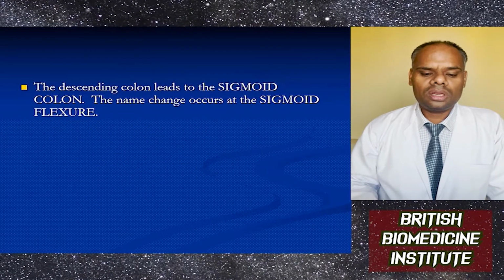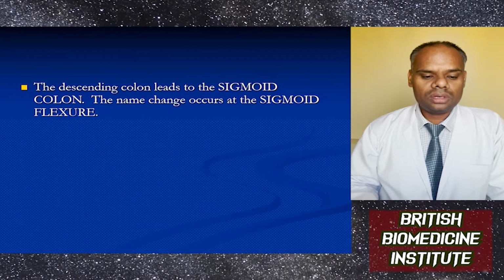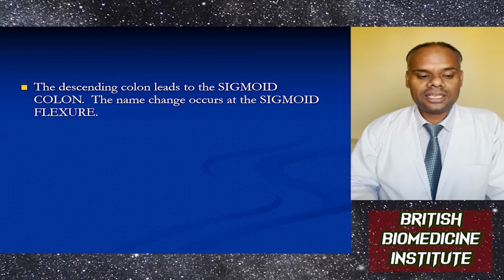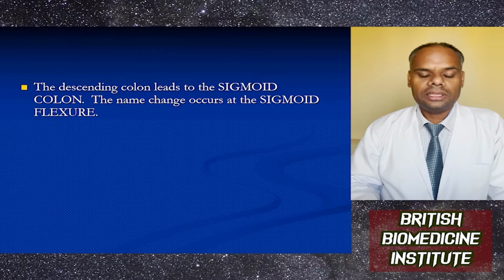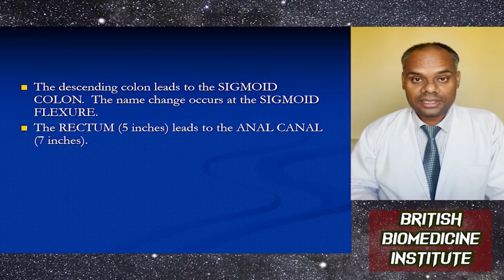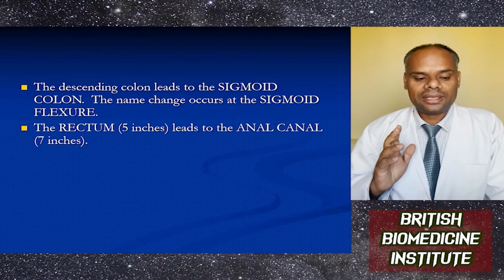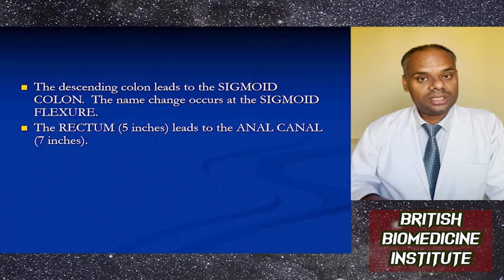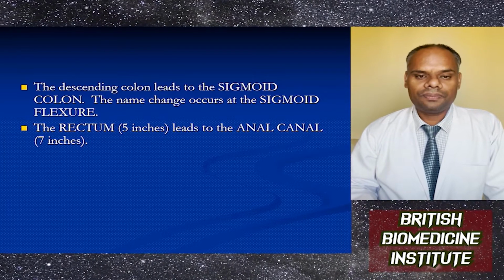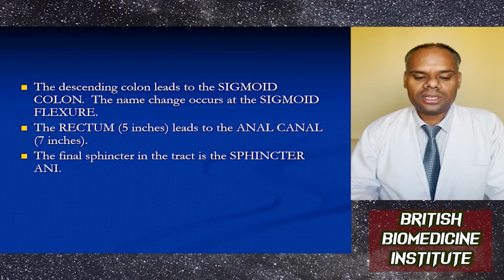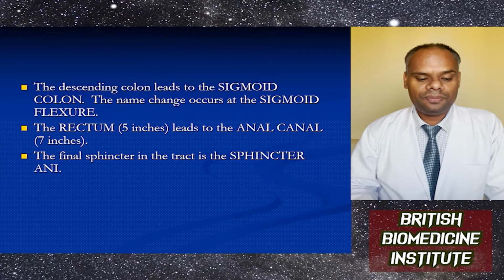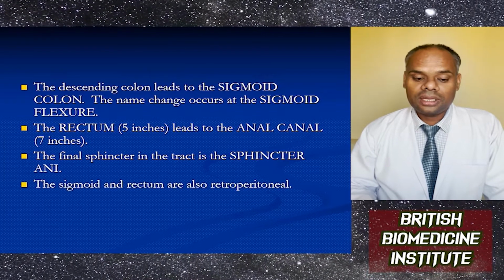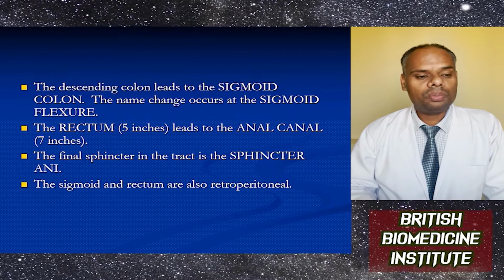The descending colon leads to the sigmoid colon. The name changes at the sigmoid flexure. The rectum, which is 5 inches, leads to the anal canal, which is 7 inches. The final sphincter of the tract is the sphincter ani. The sigmoid and rectum are also retroperitoneal.